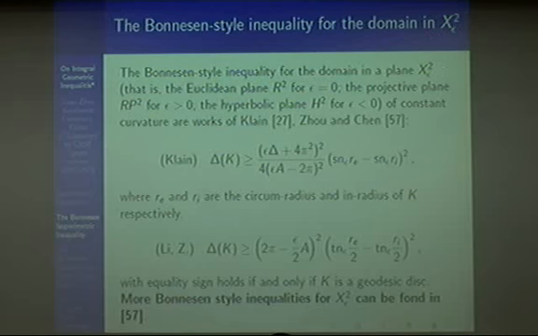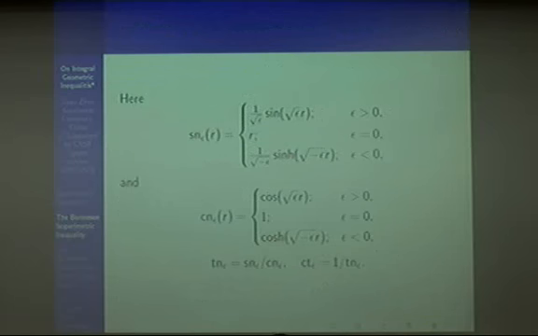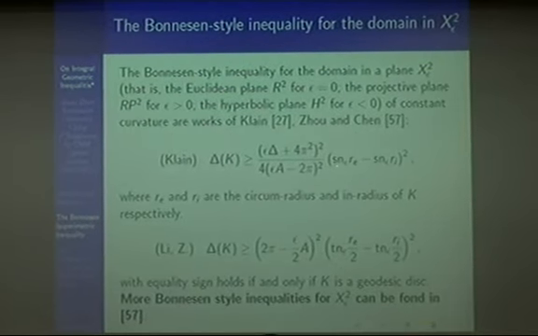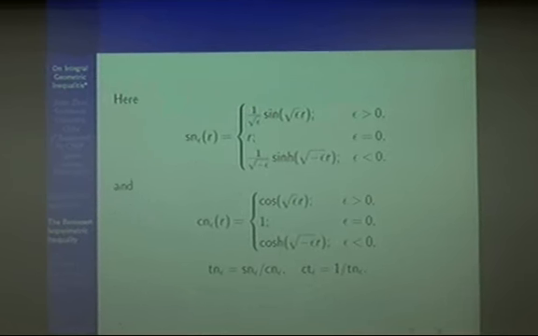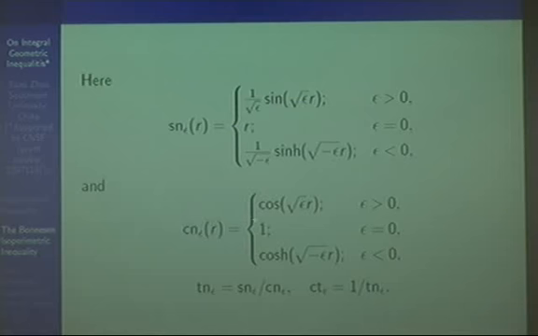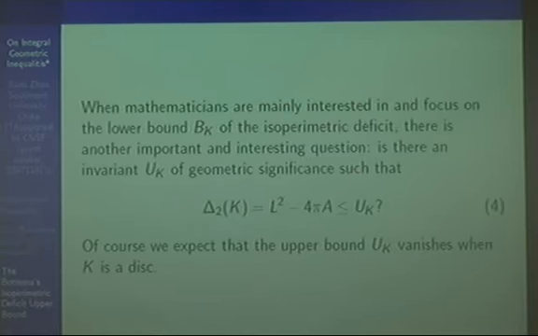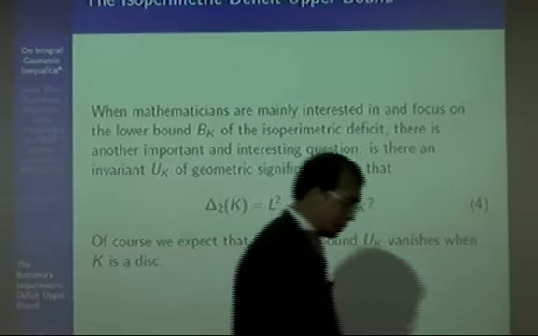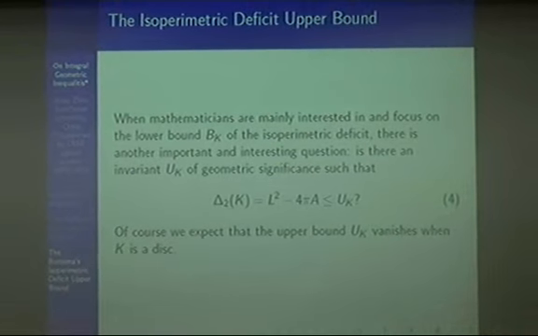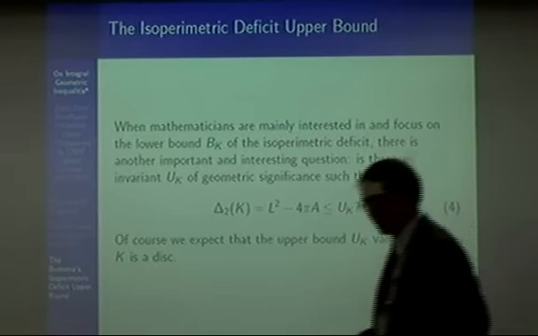So what are these S_n epsilon, T_n epsilon? Here, epsilon 0 gives R, this is 1. So we just have the Bonnesen-style inequality.